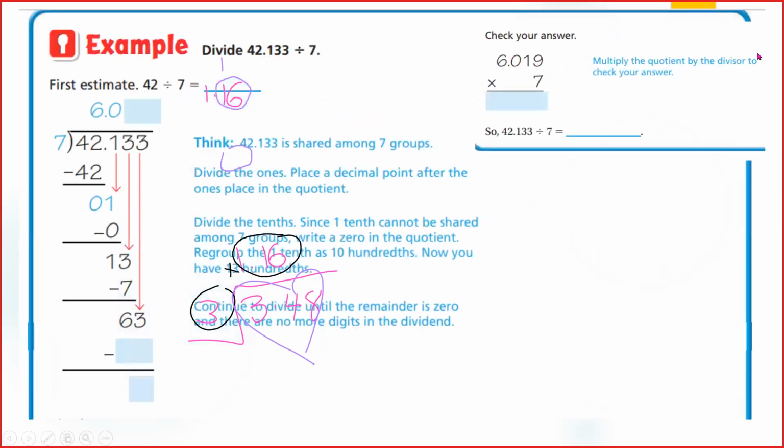Now, example number 2. 42.133 divided by 7. As we did, in order to know which number I should start from, you have to estimate. If in the exam I didn't ask you to estimate, you can start without estimation.